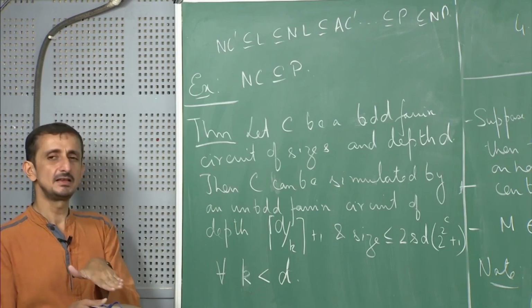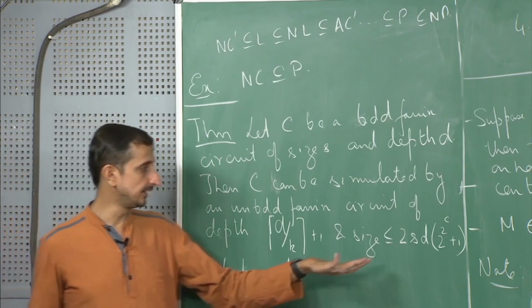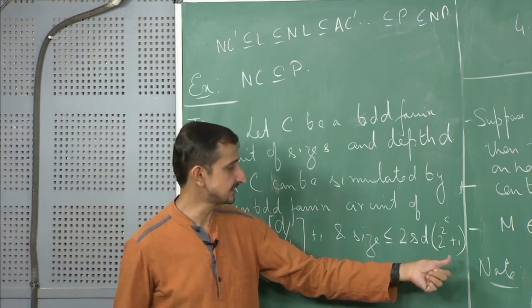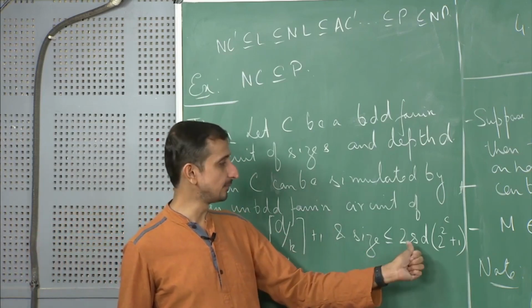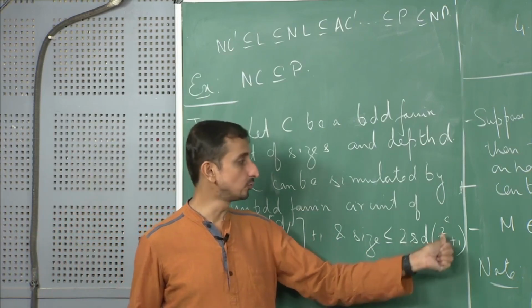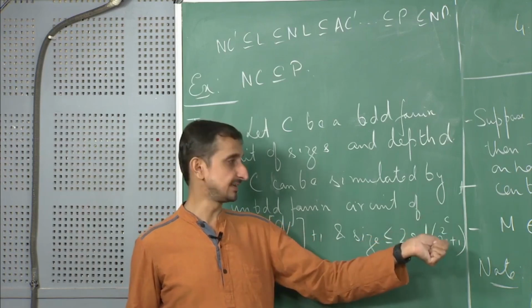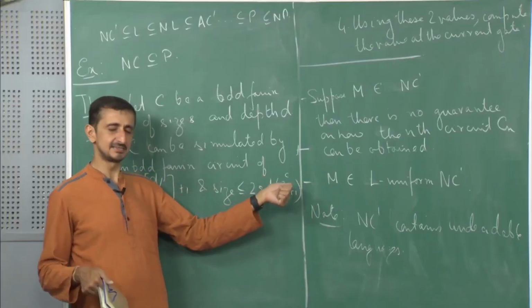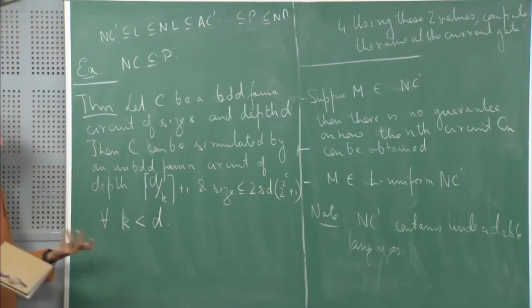But there is a blow up in the fan-in, which can now be unbounded, and in the size as well. The size now becomes S into D into 2 to the power 2 to the k, doubly exponential in k, but if I choose k carefully then it might still work for us.